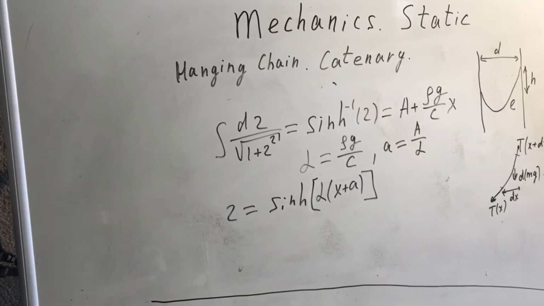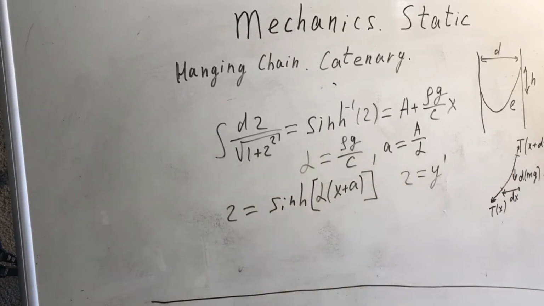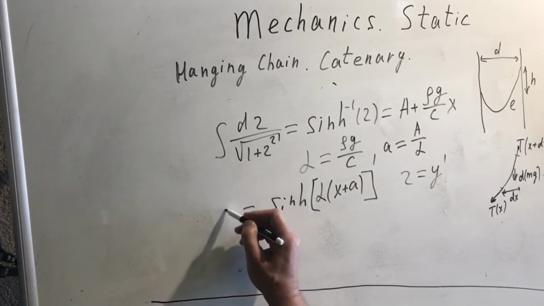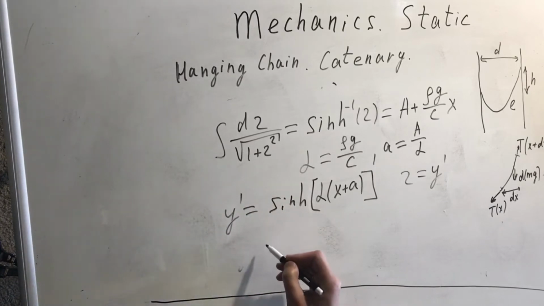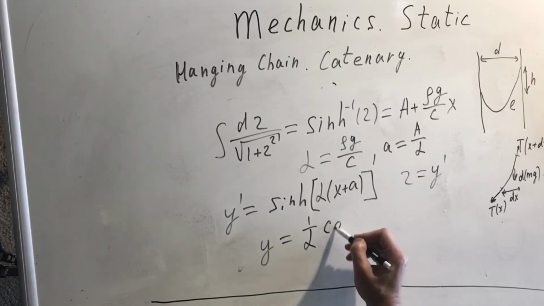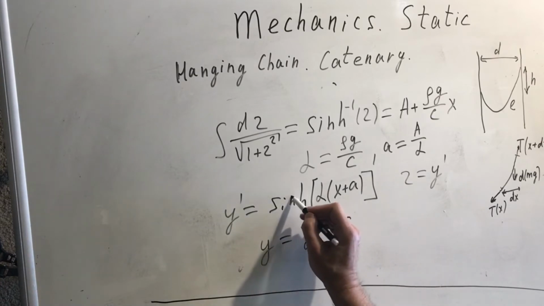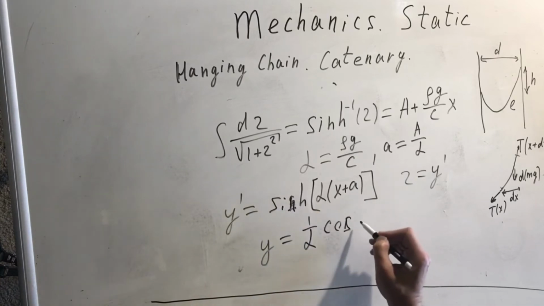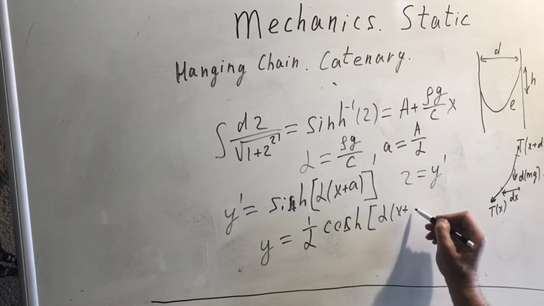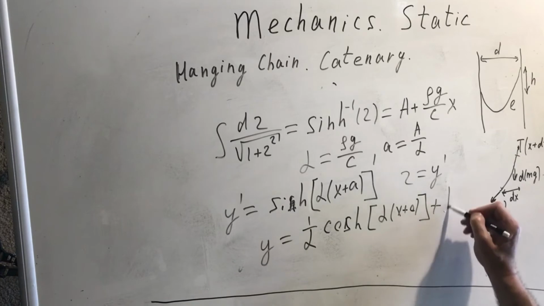And last step: in our case, z is just y prime, and we can integrate this formula again, and finally we have that y equals 1 over alpha hyperbolic cosine of alpha x plus a, plus some other constant h.